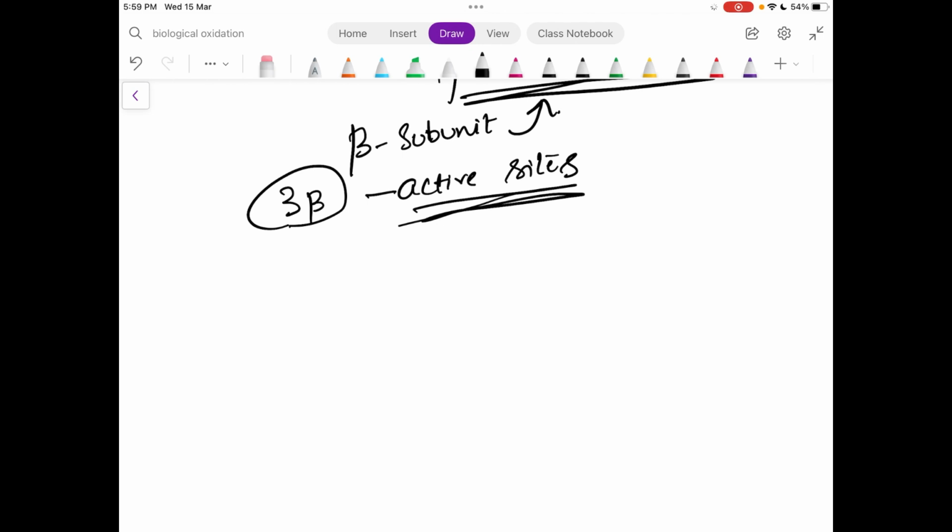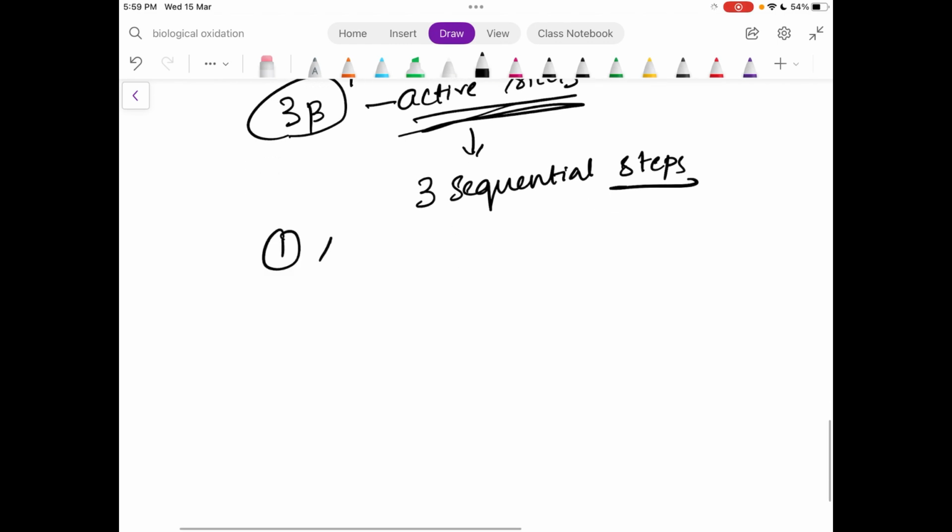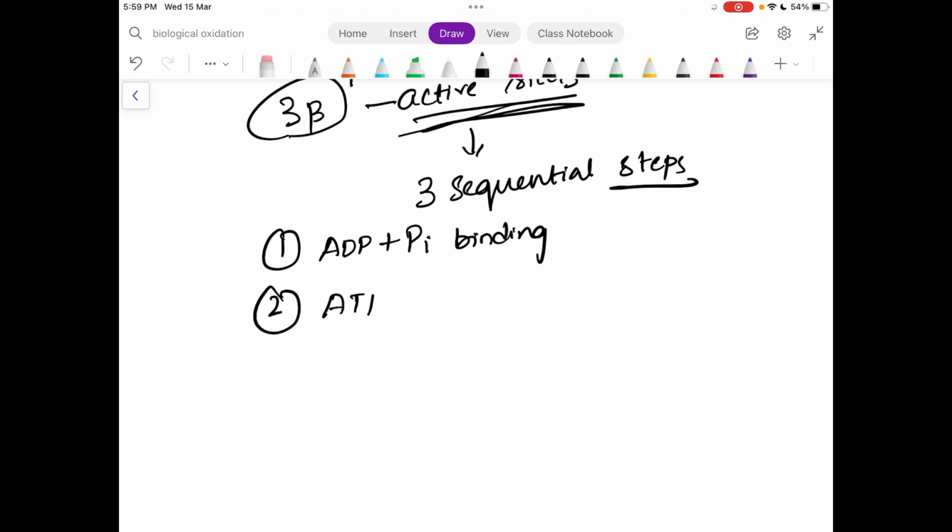This ATP synthesis will occur in 3 sequential steps. First, ADP and inorganic phosphate binding to one beta subunit will occur, second, ATP synthesis will occur, and next, ATP release will occur.